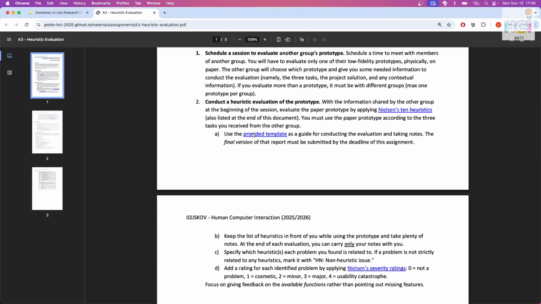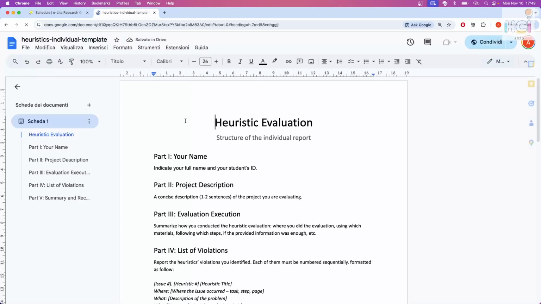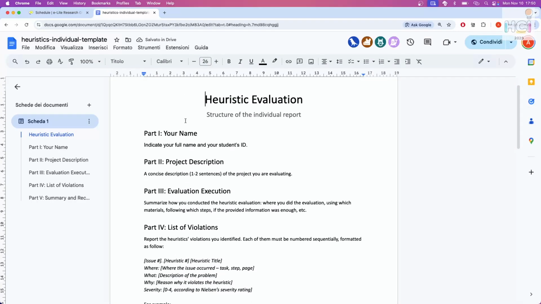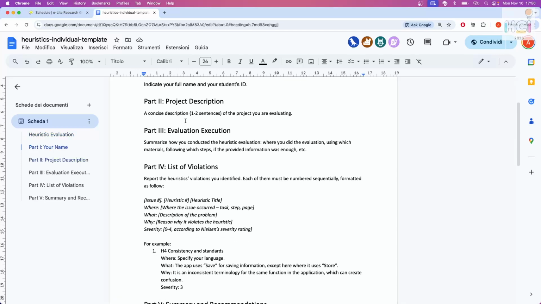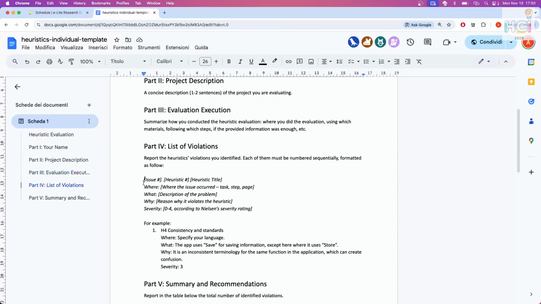So here is the template. As you can see, it's divided in different parts. And here is the template for each single violation. So you have the issue number, 1 to 10 probably. 10 is a good number of violations that you should try to follow, 10 or more. The heuristic number, the heuristic title, and then there are 3 fields that describe where the issue occurred.